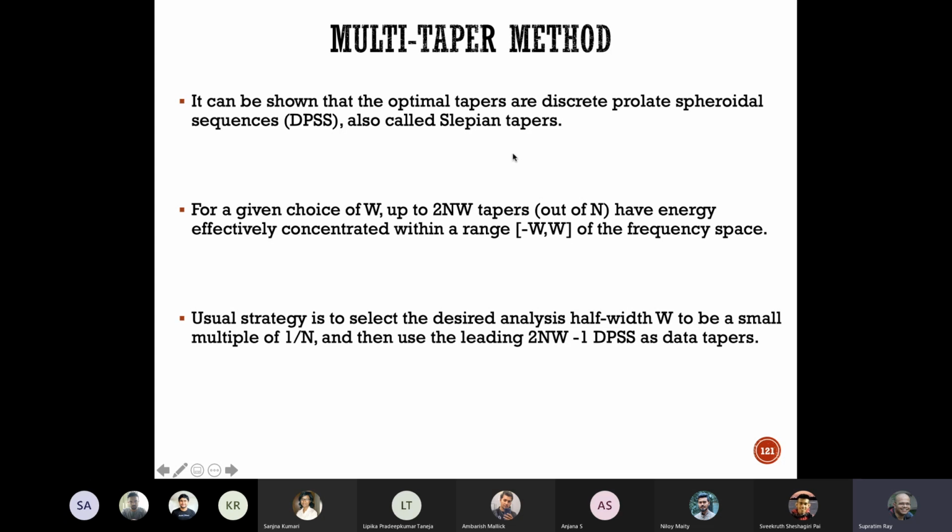Okay. And it turns out it can be shown that the optimal set of tapers are what are called Slepian tapers. This is again math that we are not able to do in this course. These are called the discrete prolate spheroidal sequences, or DPSS sequences, also called Slepian tapers.